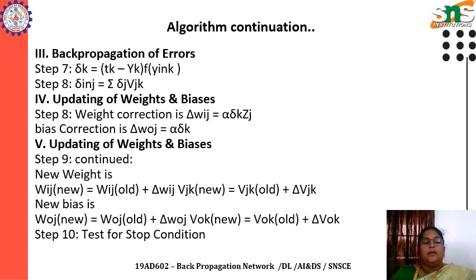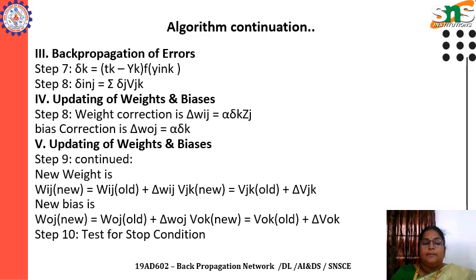After calculating this error, the weights and the bias have to be updated. The weight correction is del wij. Why are we doing the weight correction here? Already the weights were calculated for the initial inputs, right? And if there is any error, that has to be back propagated and corrected. Error detection and correction. After correcting it, we need to update the weight. So step 4 is followed for weight updation and correction.